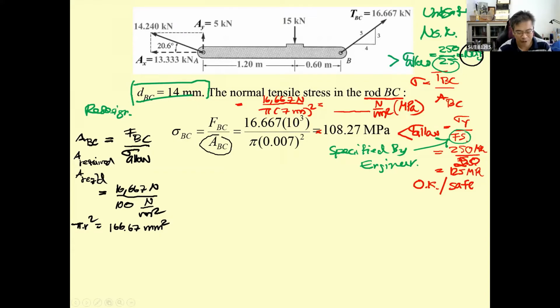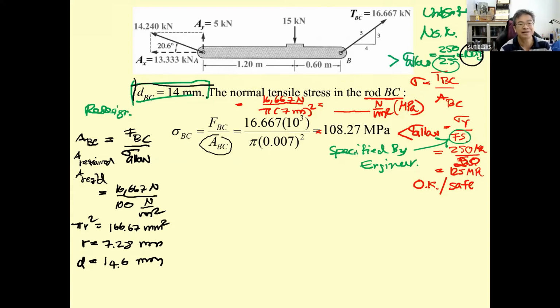And then you can determine it: 166.67 divided by 3.1416, so 53.05. And then you take the square root. So it's going to be 7.28. So the R is going to be 7.28 millimeter, and you times it by 2. So the D is going to be 14.57, say 14.6 millimeter.